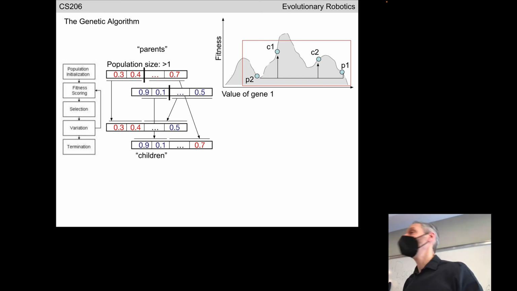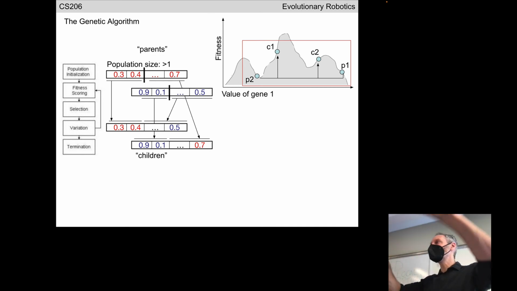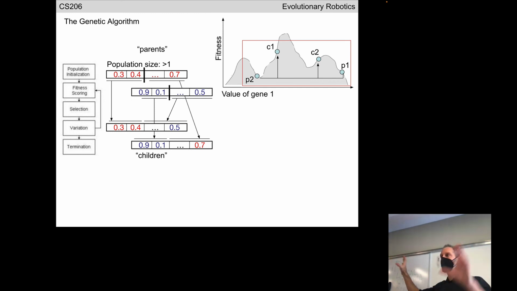Now, we still don't know because the mountain is shrouded in fog, but C1 is higher than both of its parents. It's inherited the best of both worlds, and it's actually on its way to solving the problem. It has approximate solutions to, let's say, the two sub-solutions that make up the overall solution. Remember when we were looking at the neural network that's solving the XOR function? It had to compute the AND function and then the OR function and then combine them.